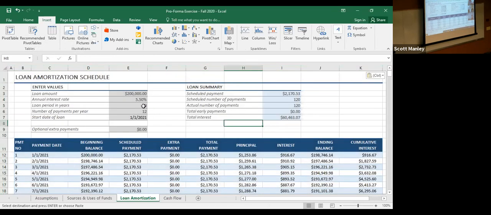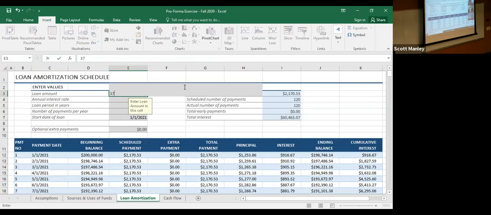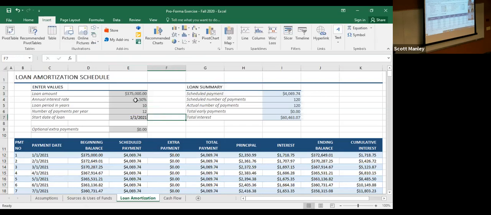Okay. Let me see if it makes the changes now. Long period, 5 years. For whatever reason, that spreadsheet worked. The other one did not. Don't ask me why. They both came from the same place. Okay. Don't ask me why.